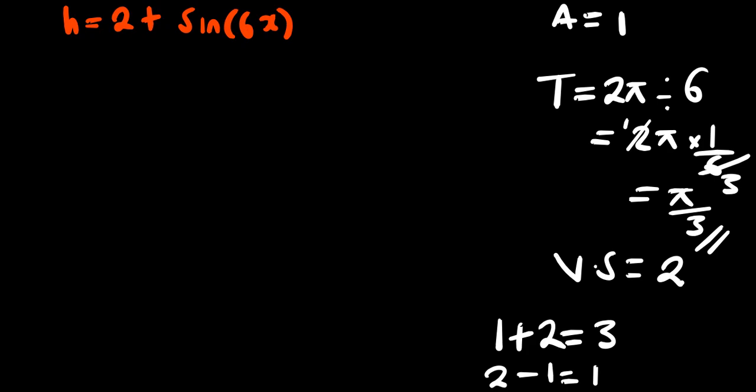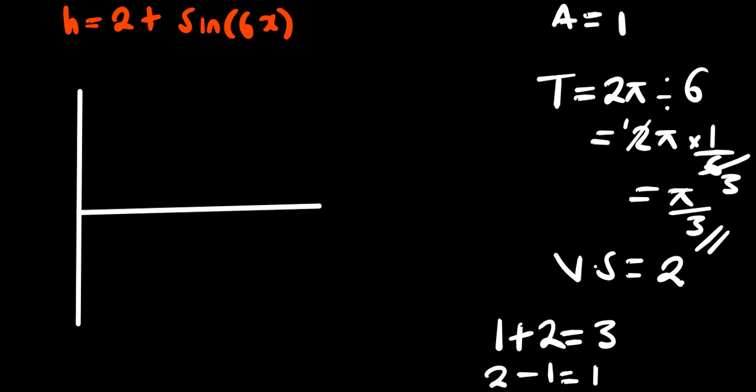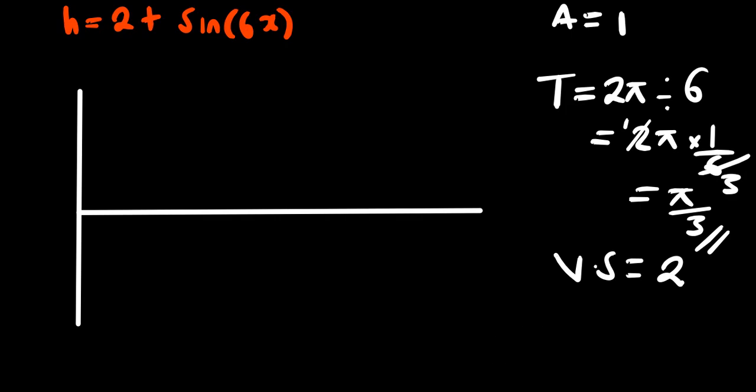So let's say this is our y-axis, this is our x-axis. Okay, to explain what I was saying, let's say our 1 is here. You know that the sine graph alternates between 1 and -1, but now we have a vertical shift of 2 units.